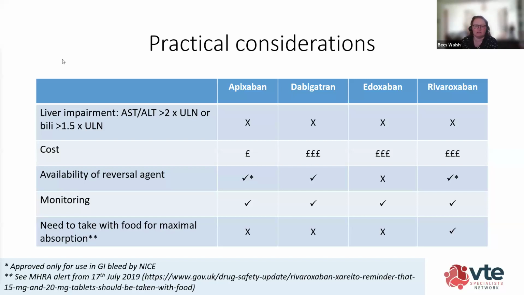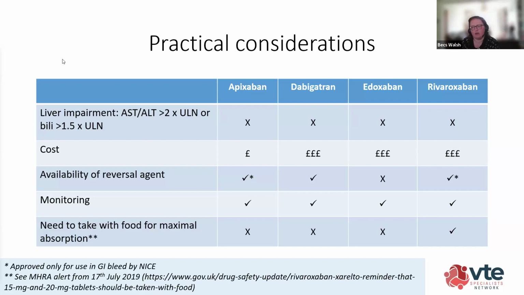We used to see sometimes a transient rise in the transaminases post-COVID infection. And so in somebody with a COVID-associated clot and a transient rise in transaminases, then it may be something that you could consider. I certainly wouldn't be too worried about a transient rise.